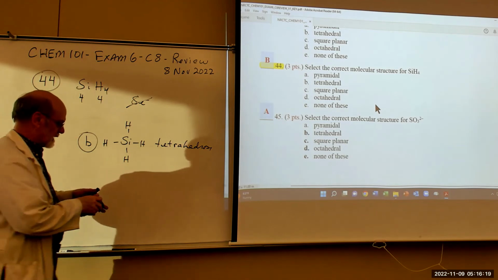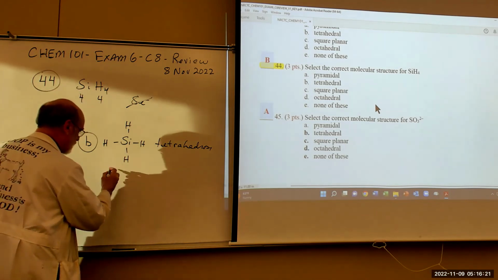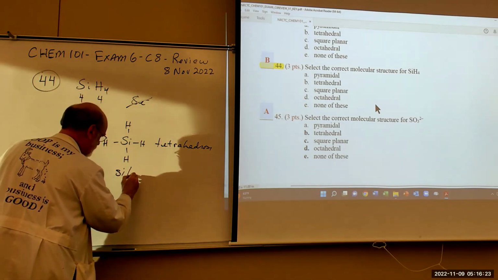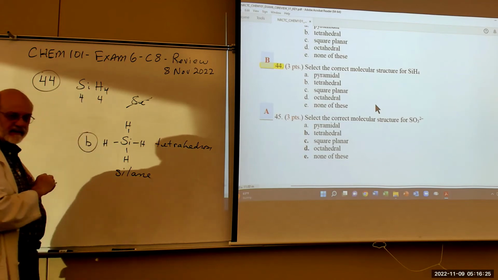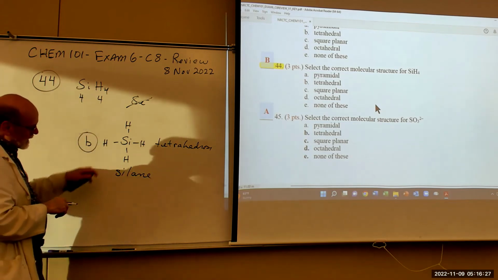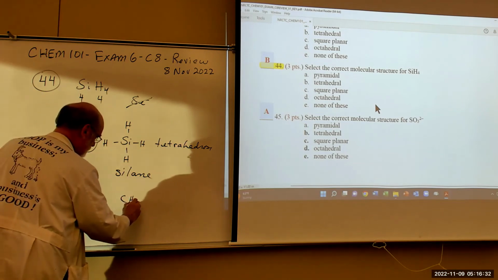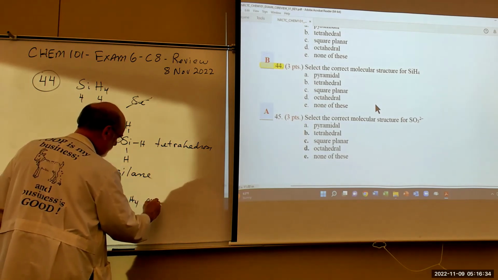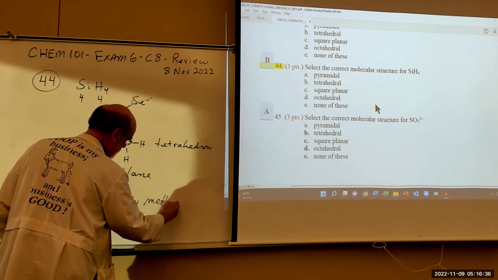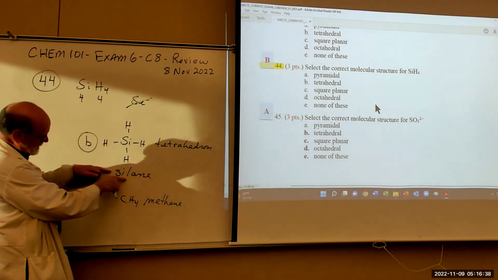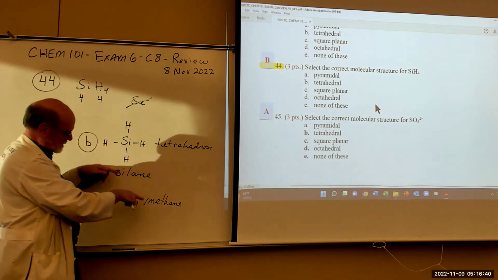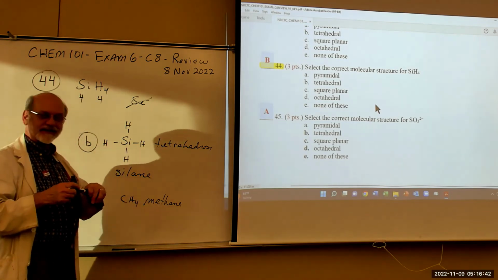This has a special name. This is called silane. If this were carbon, it would be methane. So we just take the Si from the silicon, plug it in there, and instead of methane, it's silane.